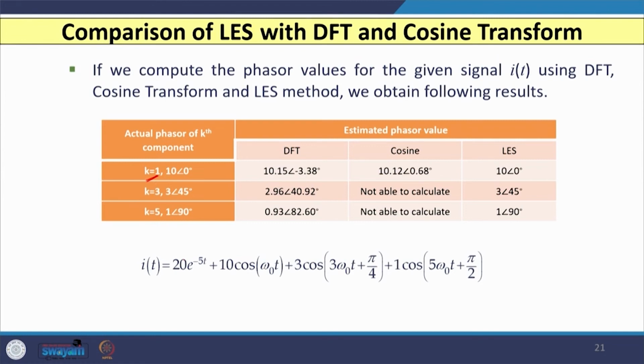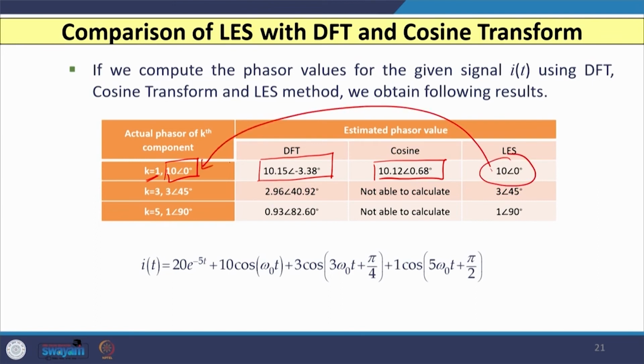In that case the actual value of the phasor is 10 angle 0, and if I use the DFT algorithm, the phasor value obtained is 10.15 at an angle of minus 3.38, whereas with the cosine algorithm we have the value 10.12 at an angle of 0.68. But if I use the LES technique, we will have exactly the same value as the actual one.